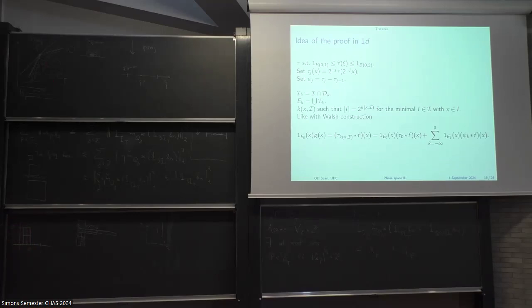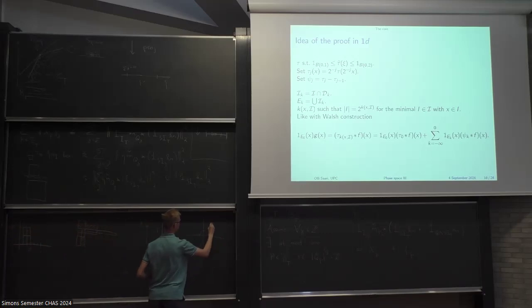Okay, then the idea of the proof. This is a very nice thing, so I hope we have time to do it. So first, let's take the function that is Fourier supported in a ball or in an interval.